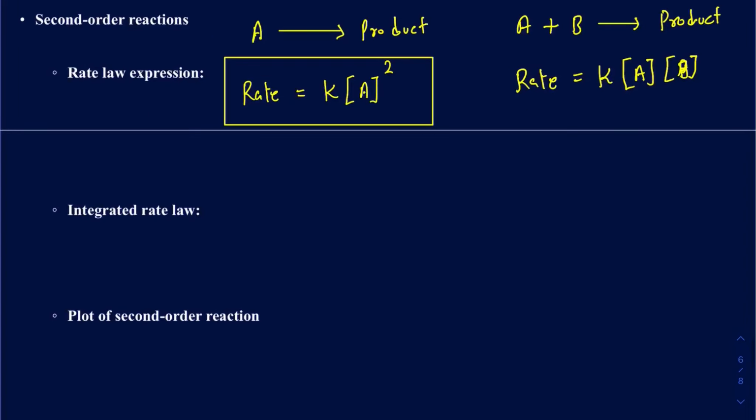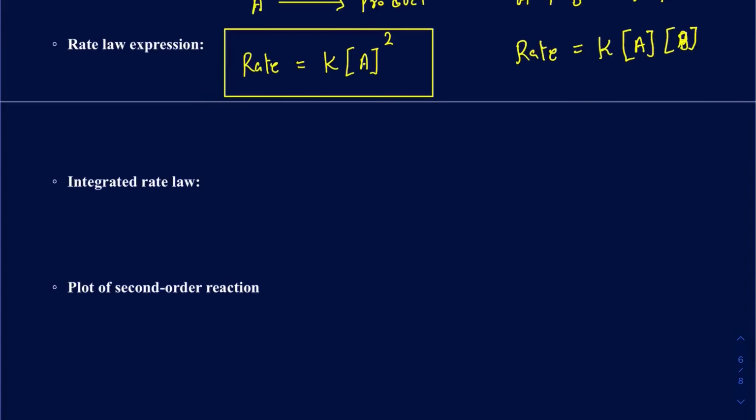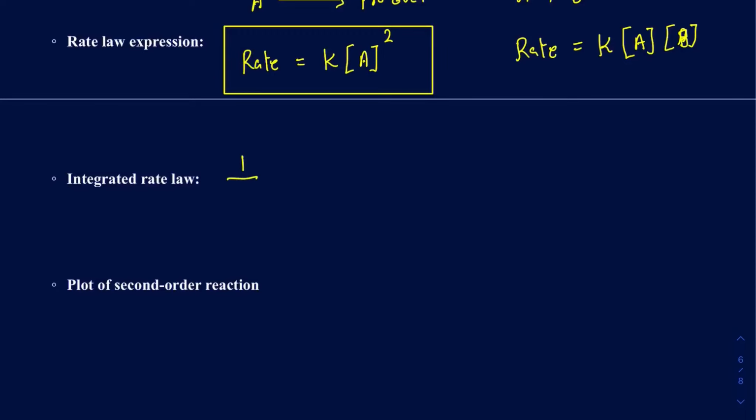So the integrated rate law for a second order reaction obviously comes from the basic rate law expression, but like I said, we're not going to be deriving those. Be able to know that equation and use it to solve the problems. The integrated rate law for the second order reaction is 1 over the concentration of A at a given time t equals kt plus 1 over the concentration of A in the beginning.